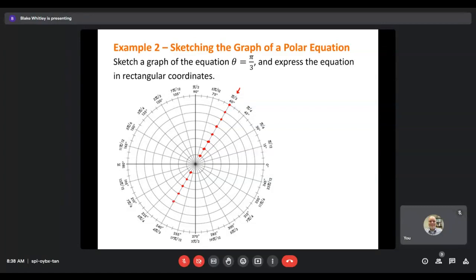And so we're going to get all of these points for negative r values along that 4 pi over 3 part. So basically what we end up with now is a line that goes right through the origin or the pole, and it's going to look something like this.